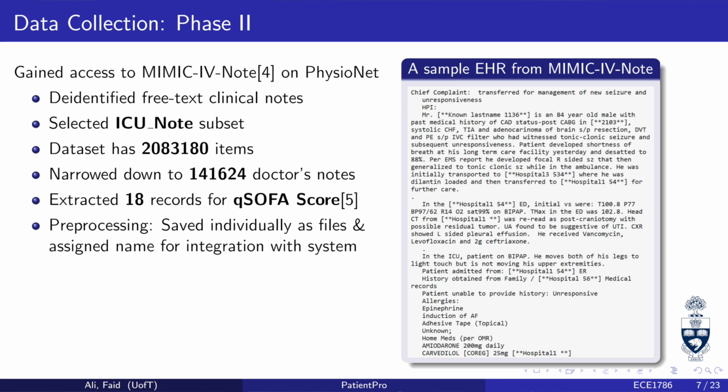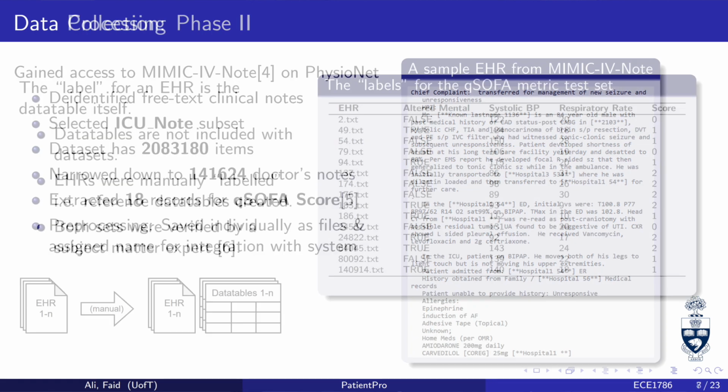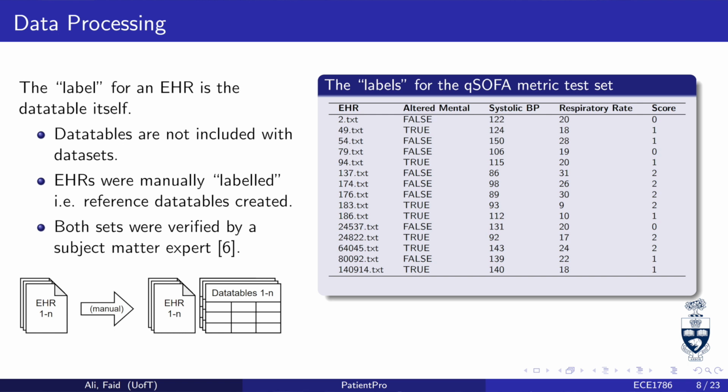For pre-processing, we just saved them individually as files and assigned them names for proper integration with our system. The labels for our data are the data tables themselves. Obviously, they don't come with the data sets, so we had to manually create them, and we got those verified by a subject matter expert.